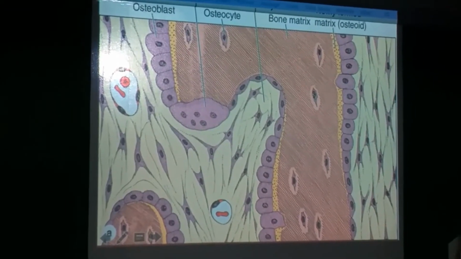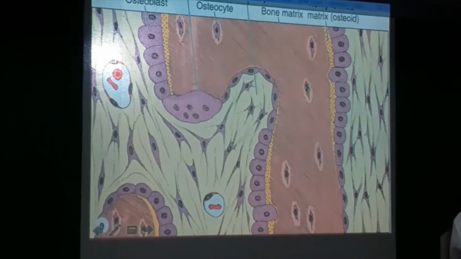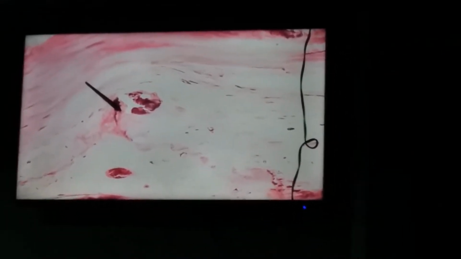Now, there is another cell that is found in the spongy bone. Now, look first here. This is your monocyte or phagocyte in the bone. This is your osteoclast. Okay? They are described as multinucleated giant cell.